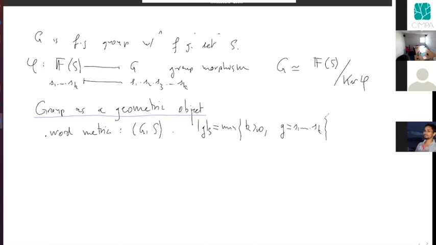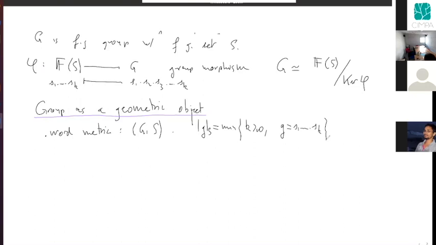So each time you pick an element g, there's no reason why there should be a unique way to write it as a product of elements of the generator. So you look at the most efficient one. And this is the norm that you obtain.